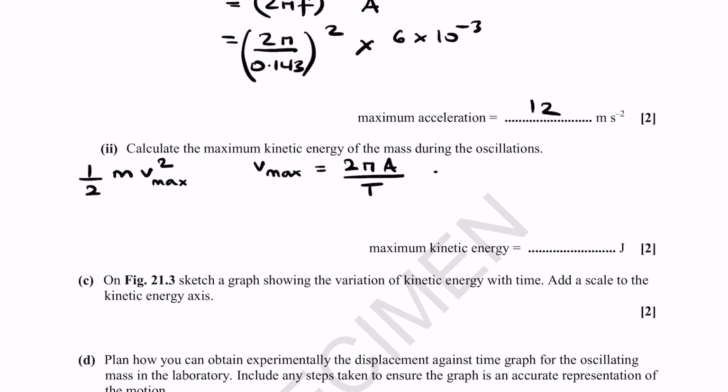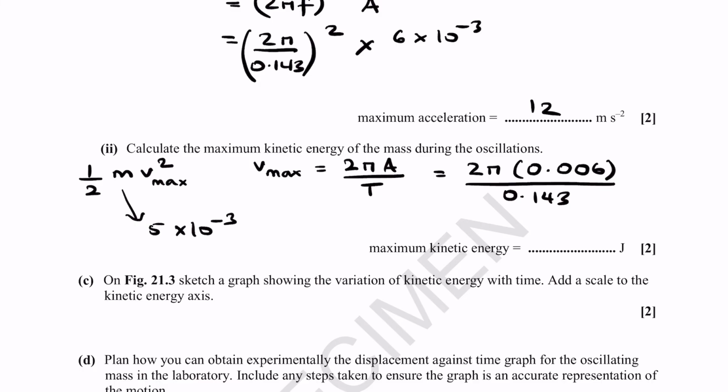So that is going to be 2 pi times 0.006 over 0.143. Pop that in along with the mass being 5 grams, so 5 times 10 to the minus 3, and square this answer.